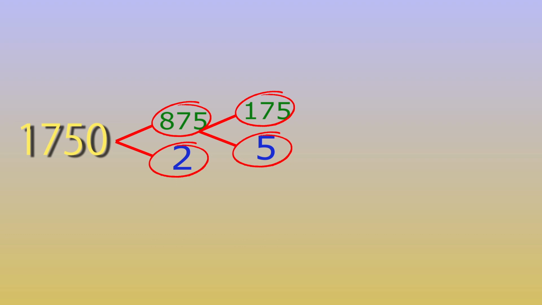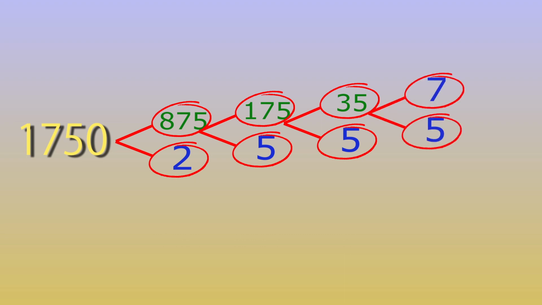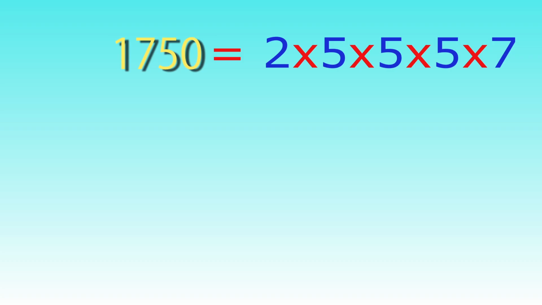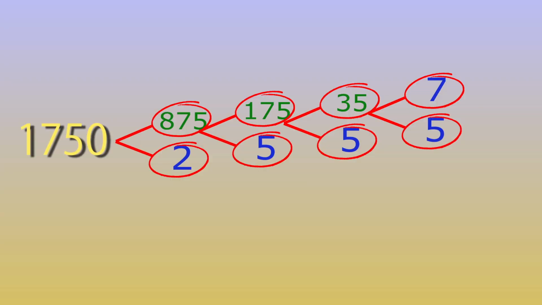Since 5 is prime, we can't factorize it further, but we can move to 175. 5 divides 175 and we get 175 equals 5 times 35. 5 also divides 35 and we get 35 equals 5 times 7. Both 5 and 7 are primes, so we stop there. Now we just multiply all the primes we encountered, and that gives us 2 times 5 times 5 times 5 times 7 equals 1750.